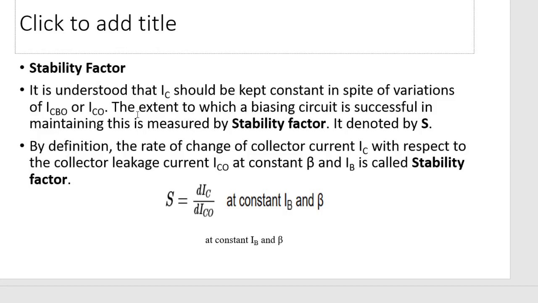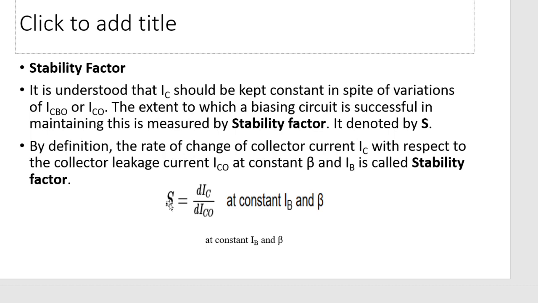The extent to which a biasing circuit is successful in maintaining this is called the stability factor. There is a mathematical expression for it: stability factor S is equal to delta IC by delta ICO at constant IB and beta. The stability factor ensures that the collector current is kept constant even if the temperature varies, even if there is thermal runaway, or even if the transistor is replaced with another of the same kind.